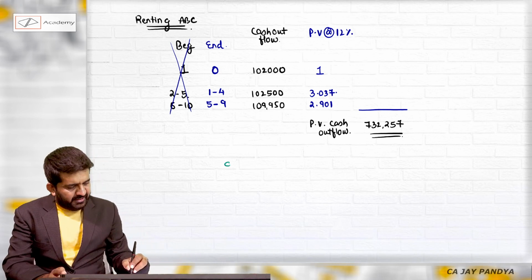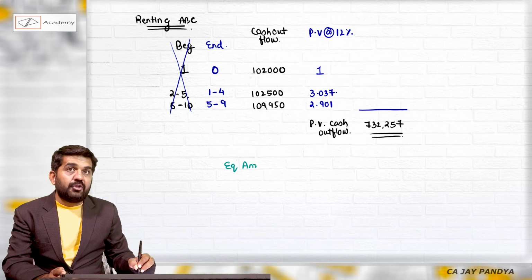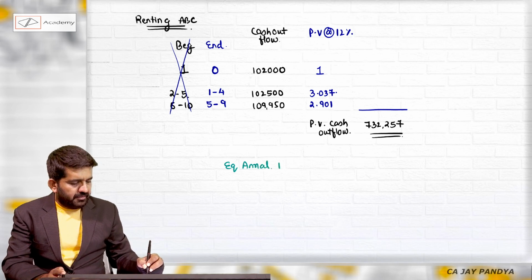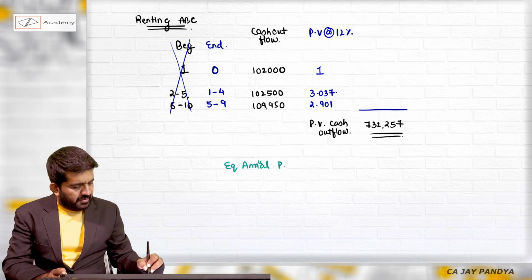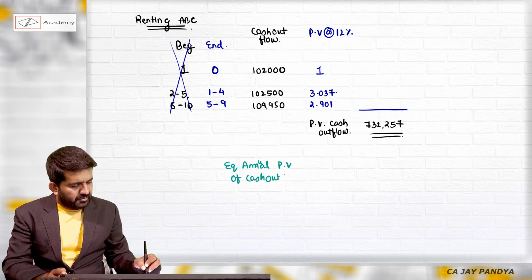I can find out equalized annual present value of cash outflow.